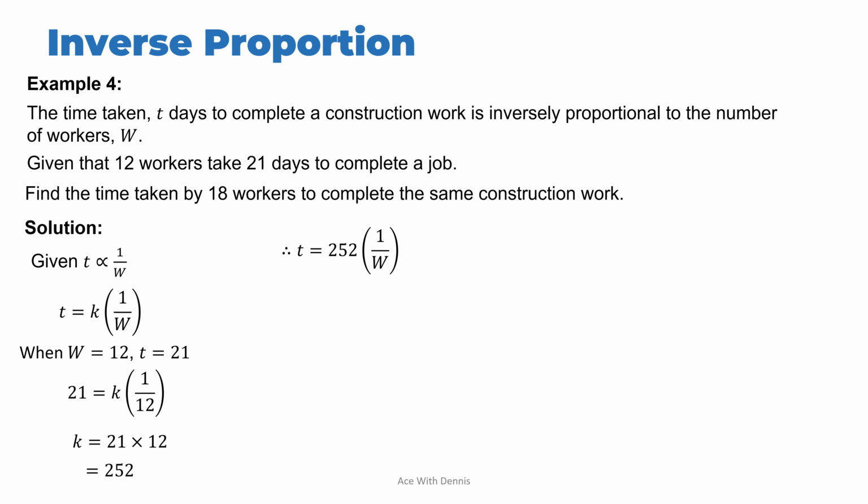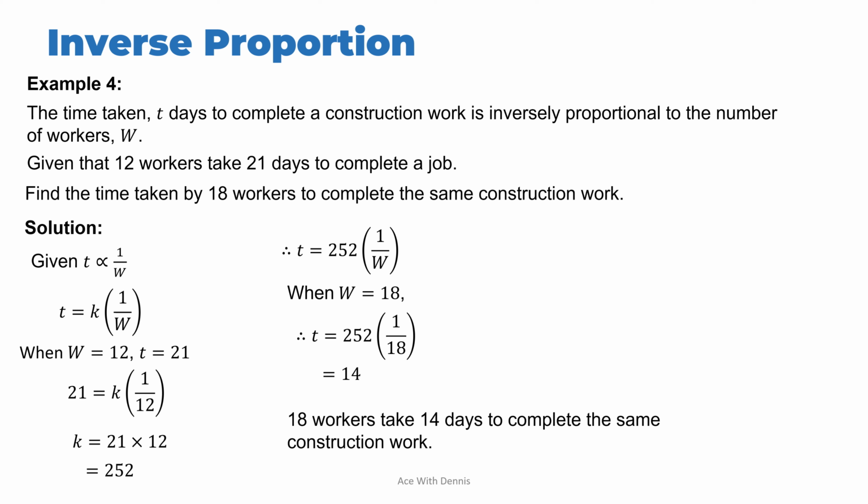So we can rewrite the equation as T equals 252 times 1 over W. When W is 18, then T equals 252 times 1 over 18, and the answer is 14. Hence, 18 workers take 14 days to complete the same construction work.